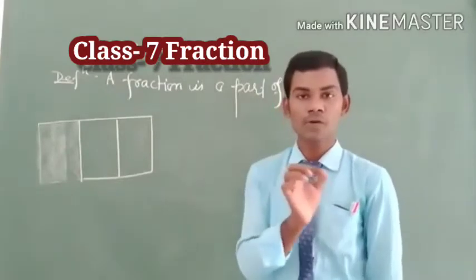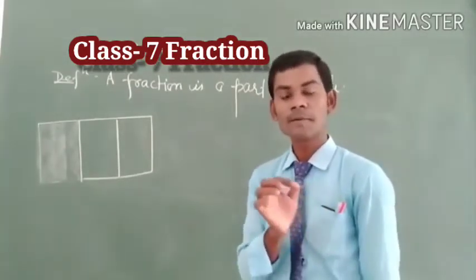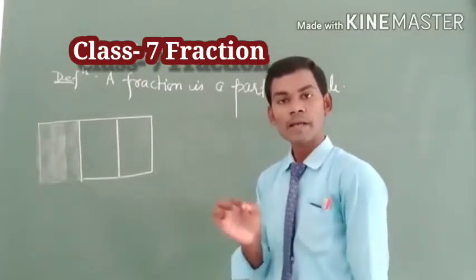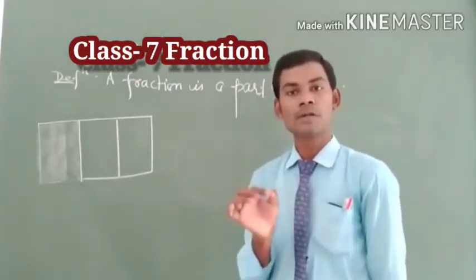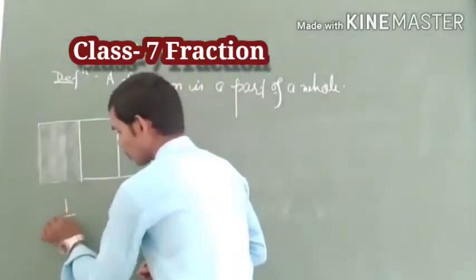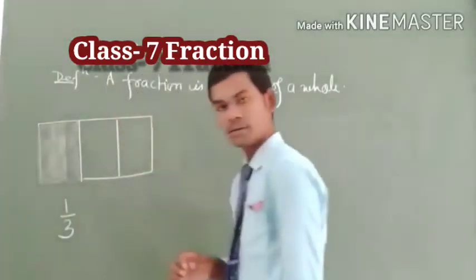One part out of three. Keep it in mind. One part out of three means 1 upon 3.